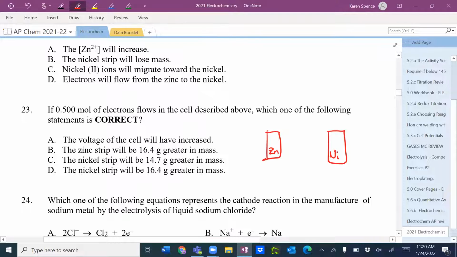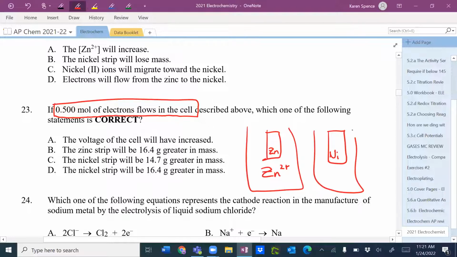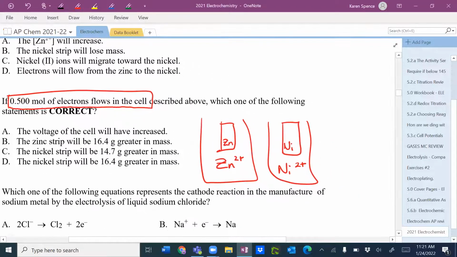Which of the following statements is correct if 0.5 moles of electrons flow in the cell? So if we have 0.5 moles of electrons, we of course here have zinc 2+ in our beaker, and we have nickel 2+ in our beaker.